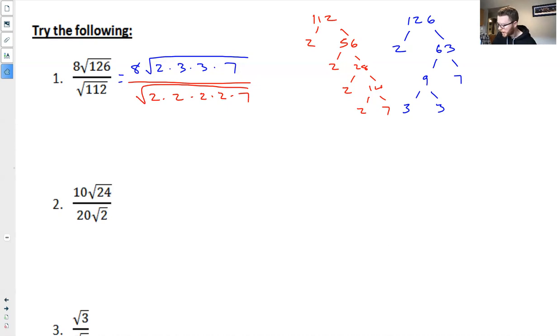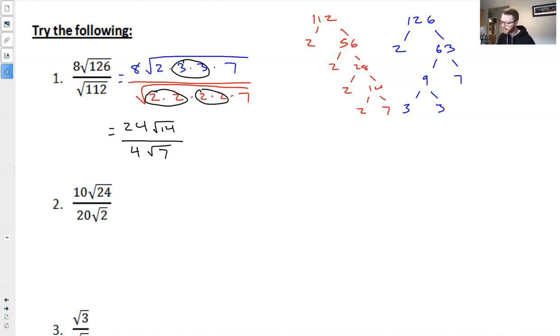Okay, so we'll look for pairs because we're taking the square root. So there's 1, there's 2 in the denominator, and then I see we have 1 in the numerator as well. So 8 times 3 is 24, and 2 times 7 gives us root 14. In the denominator, we're taking out 2 sets of 2s, so that gives us 4 root 7.